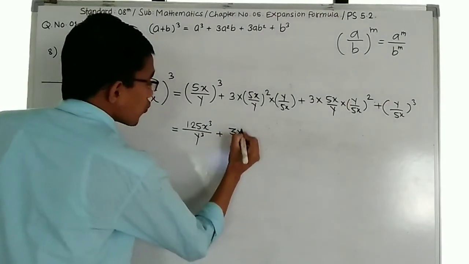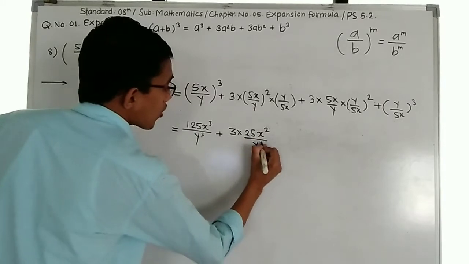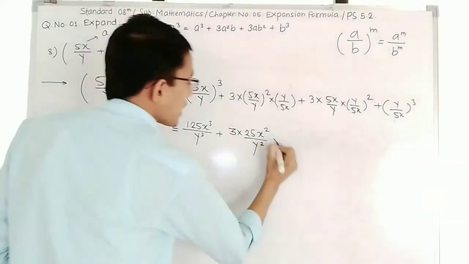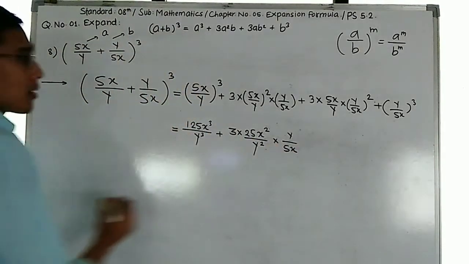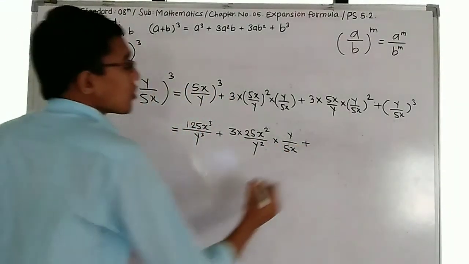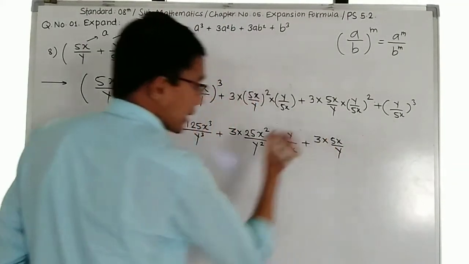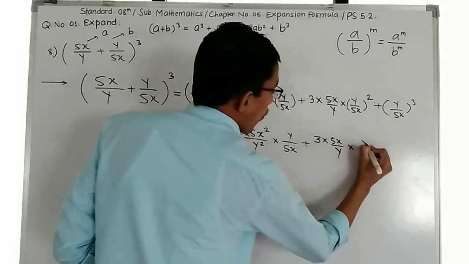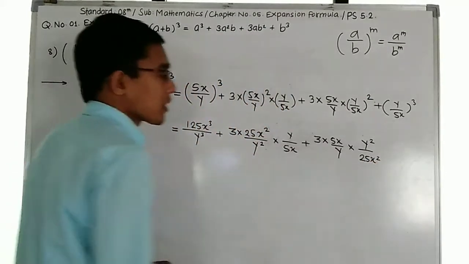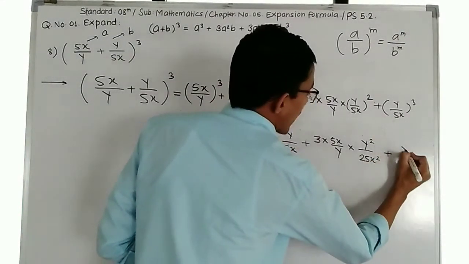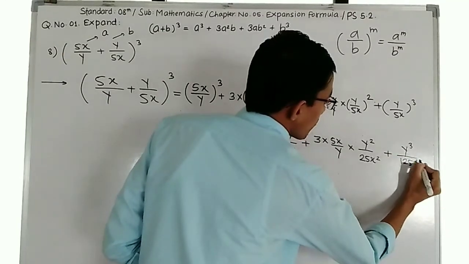3 into, what is the square of 5? It is 25, so 25x square upon y square into y upon 5x, plus 3 into 5x upon y into y square upon 25x square, plus y cube upon 125x cube.